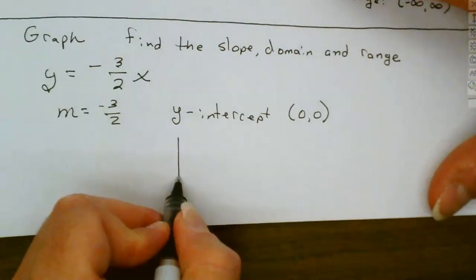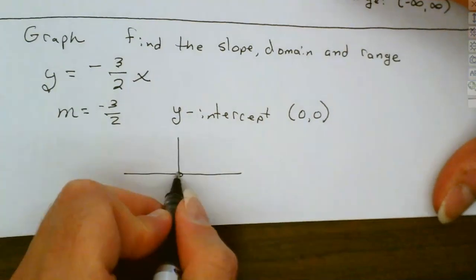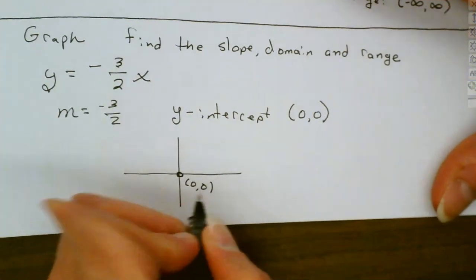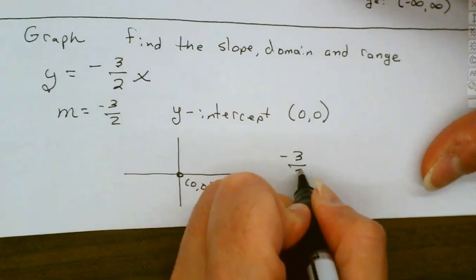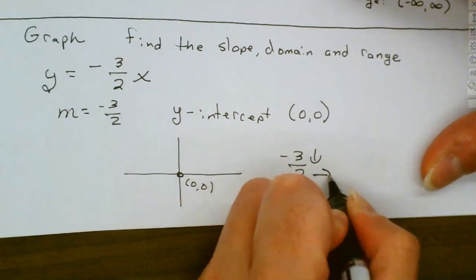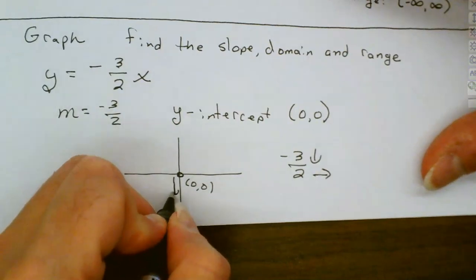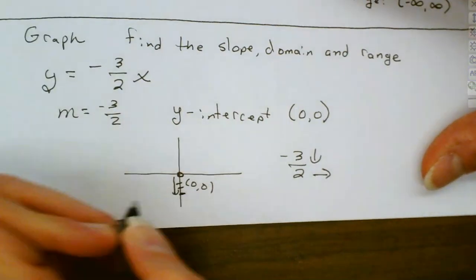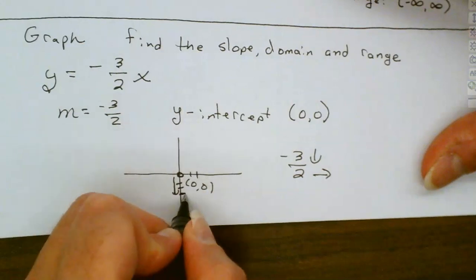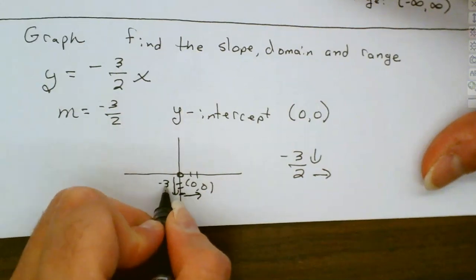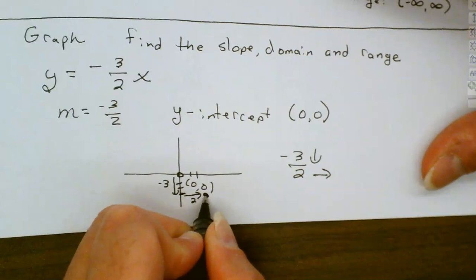Now we can quickly graph this out. We're going to start here at 0, 0. We've got a minus 3 over 2. So that means we go down 3 units, over 2 units. And that makes my new ordered pair.